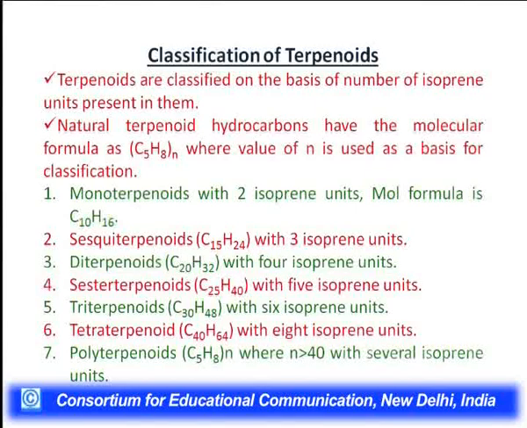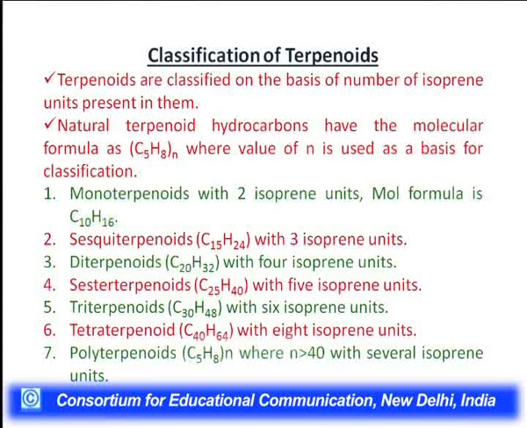If n is 2, it means it contains 2 isoprene units, then it will be termed a monoterpenoid and the molecular formula will be C10H16. And if it is 3, that is 3 isoprene units joined together, then the molecular formula will become C15H24 and it will be classified as a sesquiterpenoid.